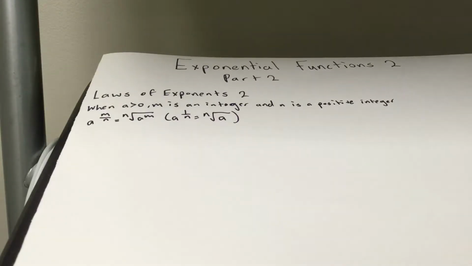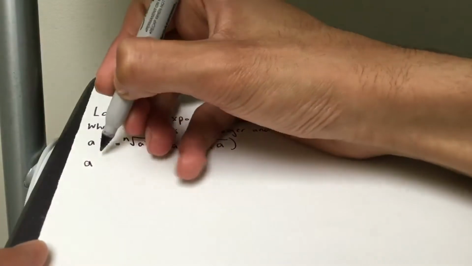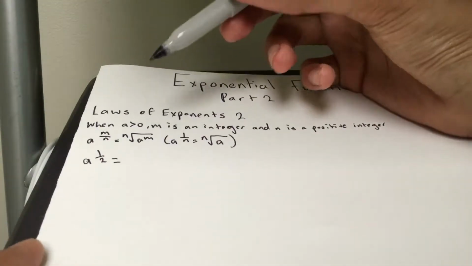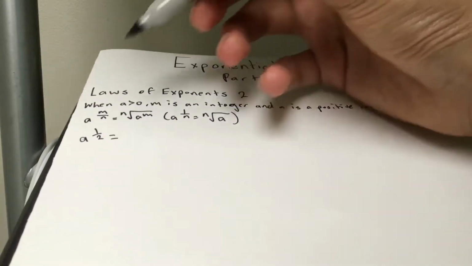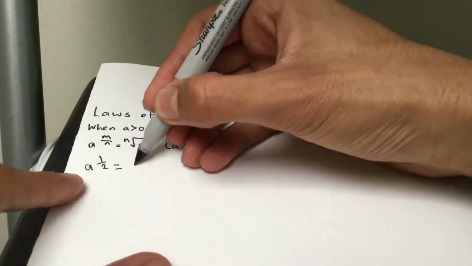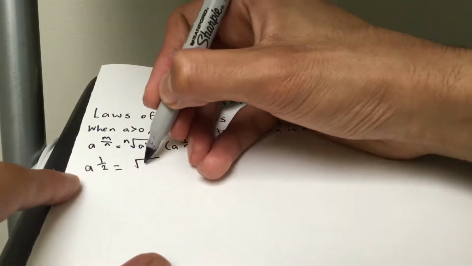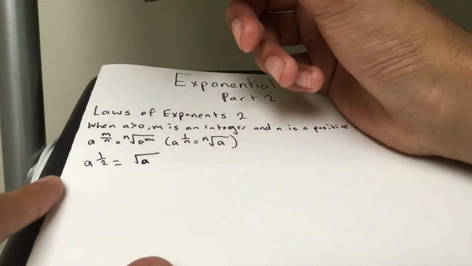So now let's move on to an example. Let's do a to the power of half. Looking at this rule, m in this case is 1. First of all, we're going to draw up our square root, and a is our base, and our exponent is half.